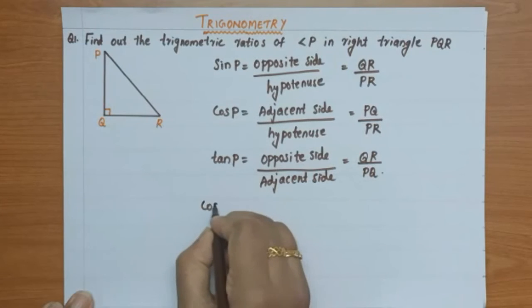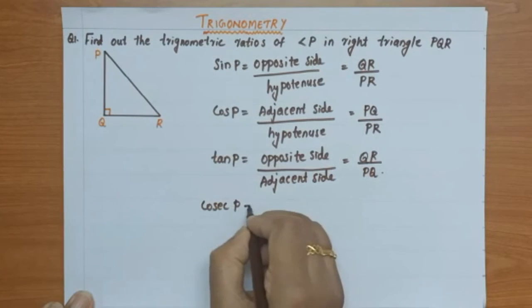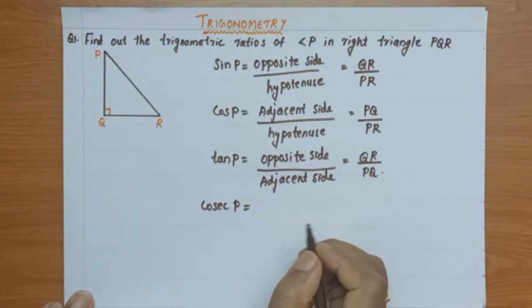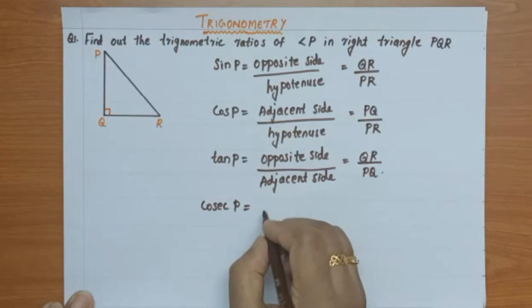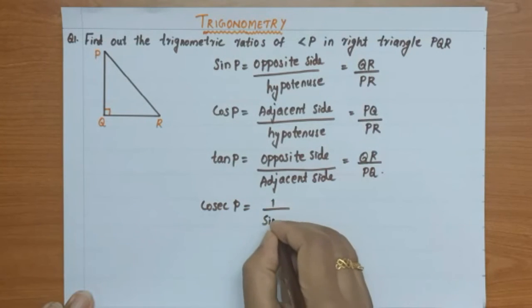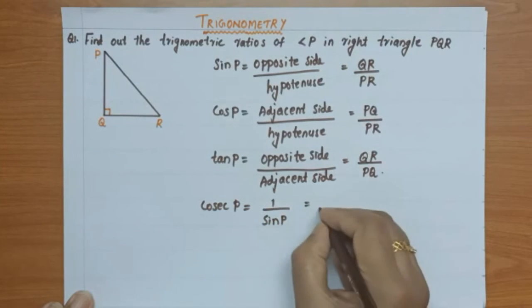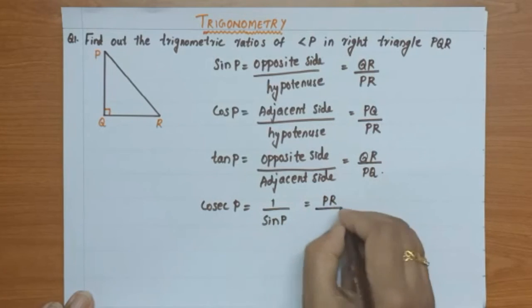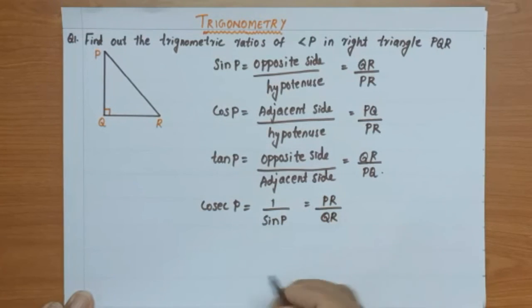Now cosec P equal to 1 by sin P. That means the opposite of sin P, 1 by sin P, that is PR by QR.